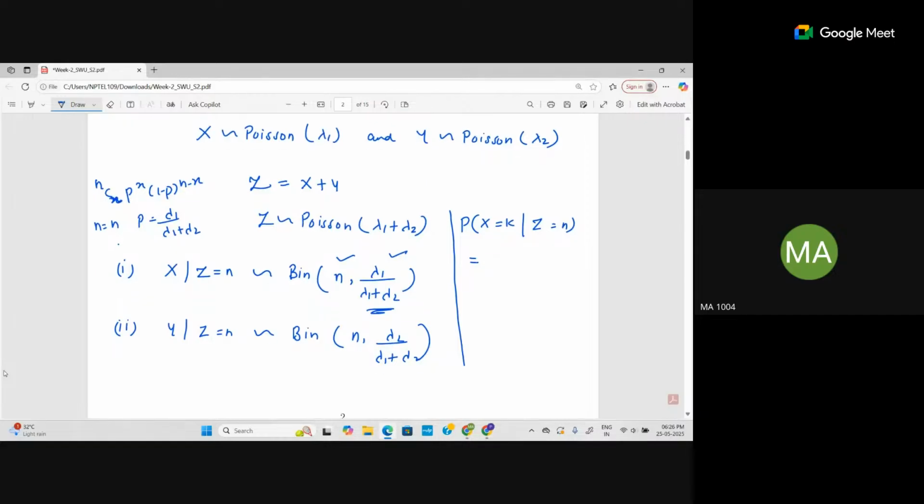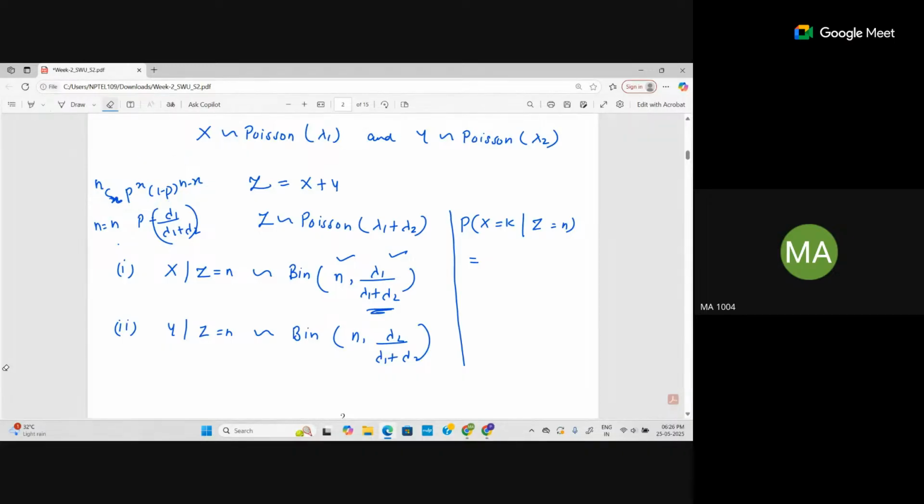That's what I'm saying, when you solve it, you will get the PMF in this format, which is the formula of the PMF of binomial. But the probability of success will be lambda 1 divided by lambda 1 plus lambda 2. So in the place of p, you will get this value.